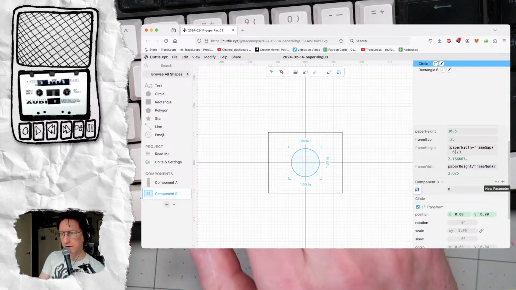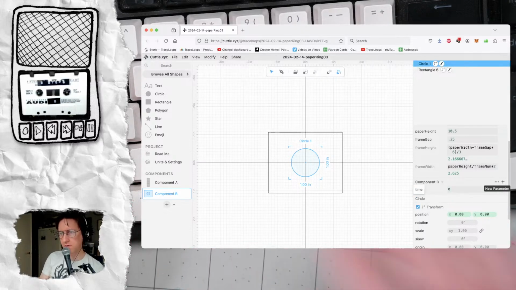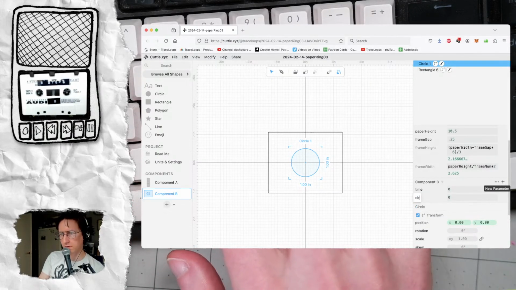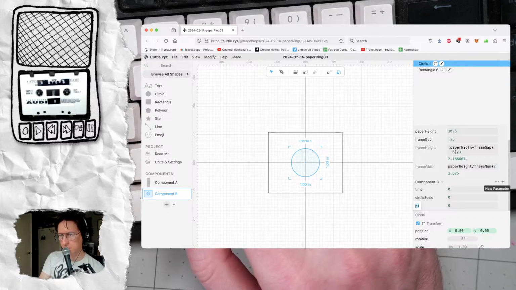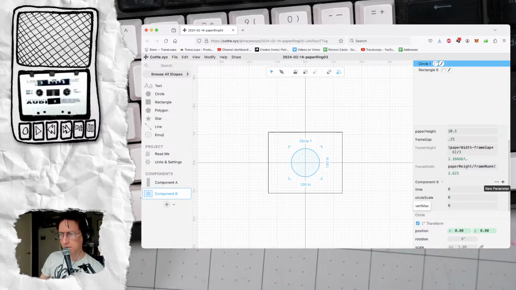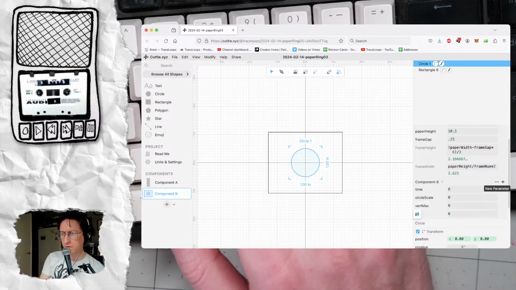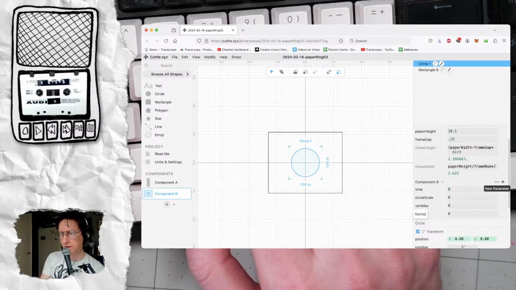And we're going to have time. Circle scale. Vert max. Horizontal max.